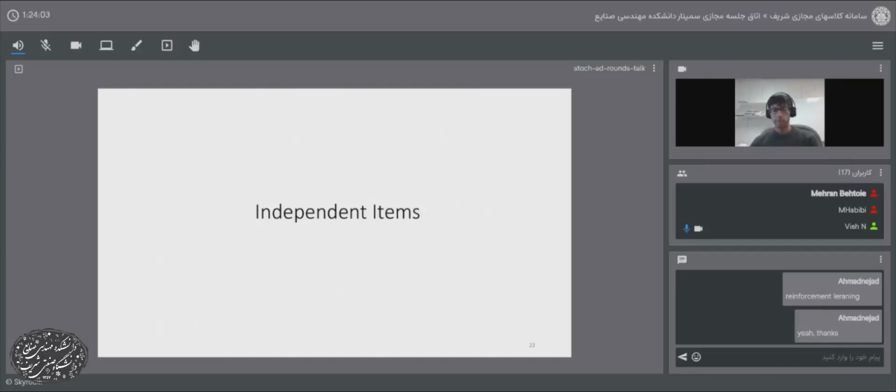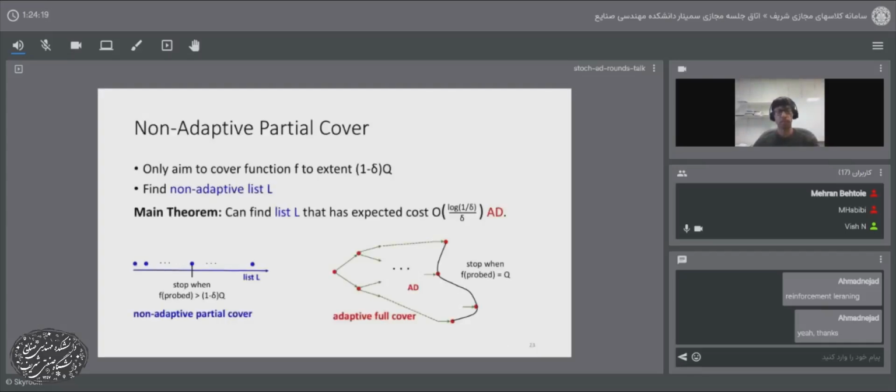Okay, so for the next few minutes, I'll give some details on how we approach the problem with independent items. The main idea here is to work with a partial cover problem, where our goal is not to cover the function entirely, but just to cover the function to an extent 1 minus delta.